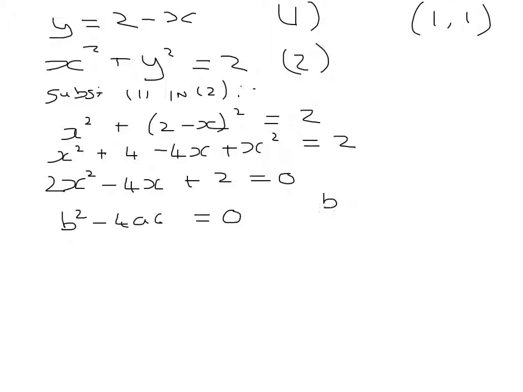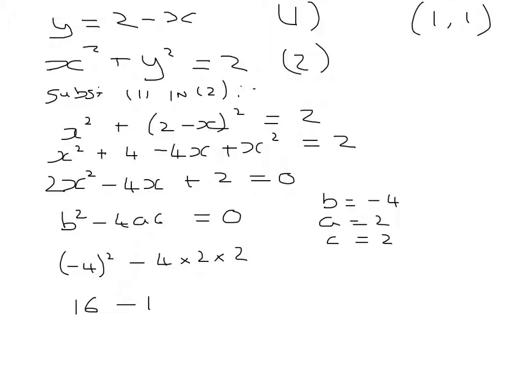So, we have b is negative 4, a is 2, and c is 2. So if you substitute that in, you're going to have negative 4 in brackets squared minus 4 times 2 times 2. So that's going to give you 16 minus 4 2's are 8, 8 2's are 16. 16 minus 16 is equal to 0. Therefore, it's a tangent.